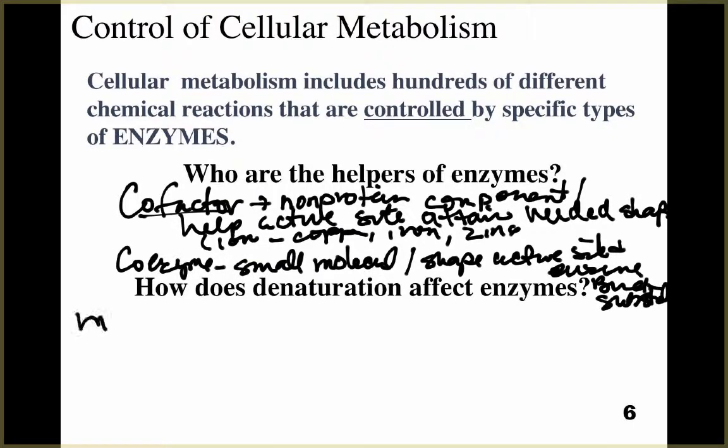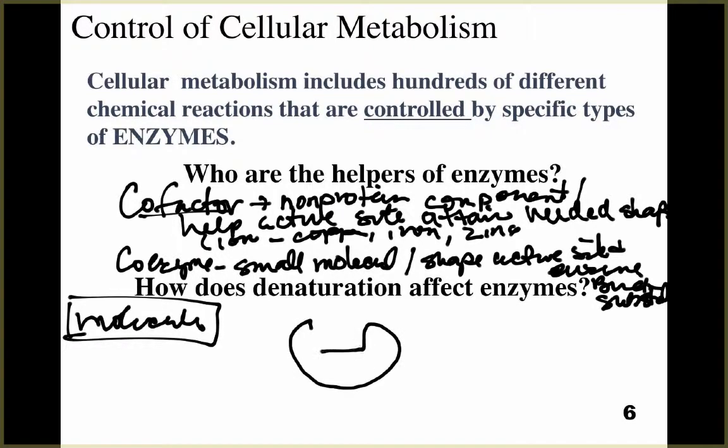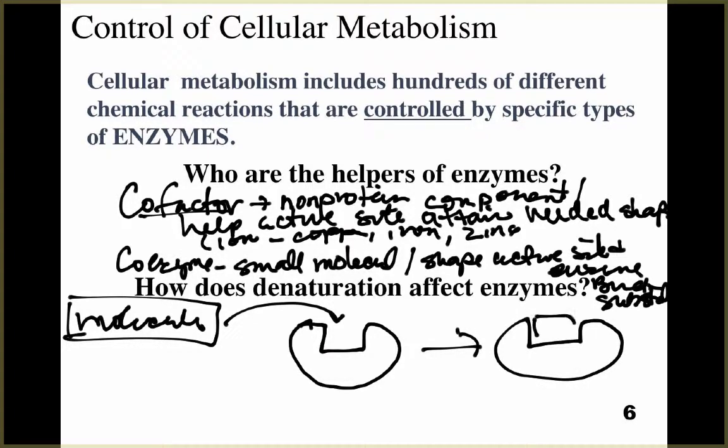So basically you have some molecule right here, and then you're going to have an enzyme. And this molecule is going to fit inside here and become an enzyme-substrate complex. And then that enzyme is going to do something to this.